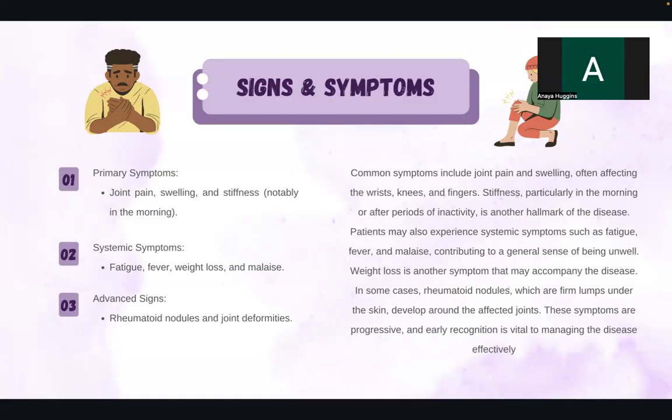Beyond joint symptoms, many patients experience systemic effects like fatigue, weight loss, fever, and rheumatoid nodules. These non-joint symptoms highlight the disease's complexity and the importance of a holistic approach to care.